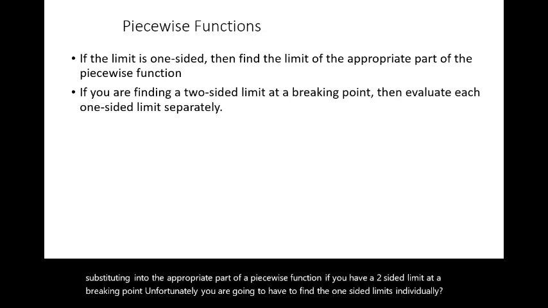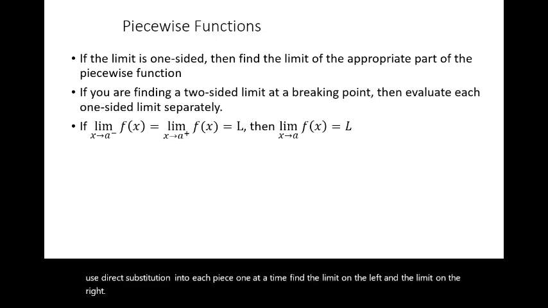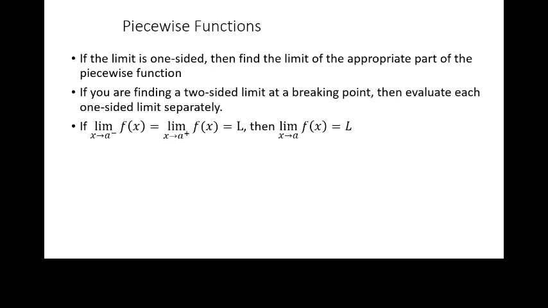So if you have to find the limit as x approaches a breaking point from both sides, you do have to use direct substitution into each piece one at a time, find the limit on the left and the limit on the right. If the limit as x approaches a from the left equals the limit as x approaches a from the right, then the overall two-sided limit exists and equals that number. If the limit from the left does not equal the limit from the right, then the two-sided limit does not exist.